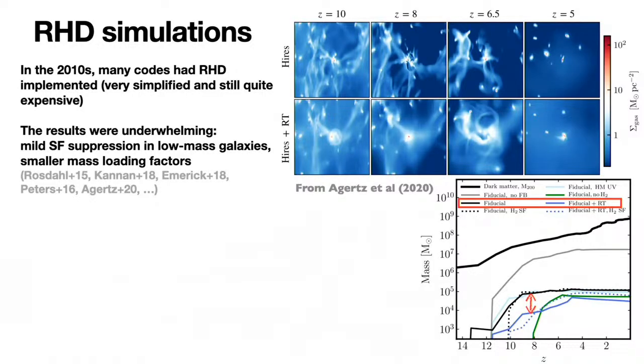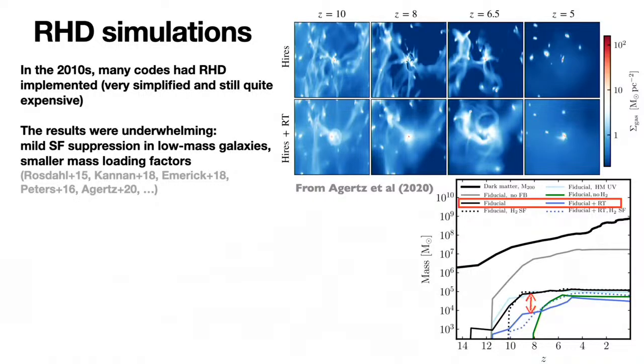But it is a kind of preventive feedback. It's not ejecting gas as much as you have with supernovae, because you have burst star formation with supernovae. Whereas if you add the radiation, you heat the gas locally to about 10 to the 4 Kelvin. So you make the star formation a bit smoother and less bursty. And that actually weakens the outflows in your simulation.